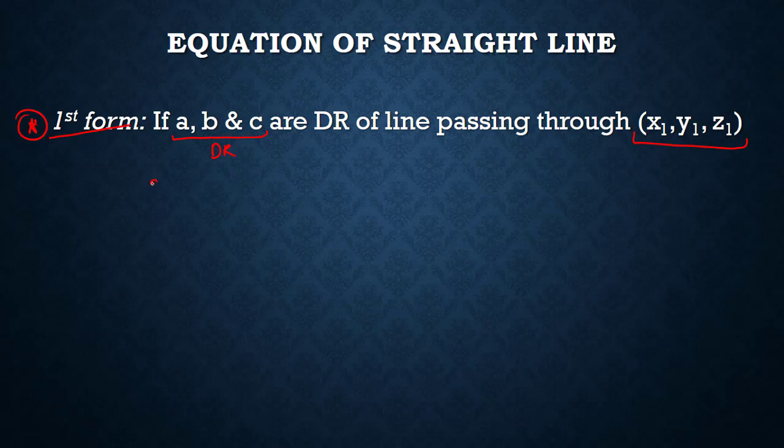So the equation becomes (x minus x1) upon A equals (y minus y1) upon B equals (z minus z1) upon C, where A, B, C are the DRs and x1, y1, z1 is the point through which your line is passing. This form can also be known as the point direction ratio form.